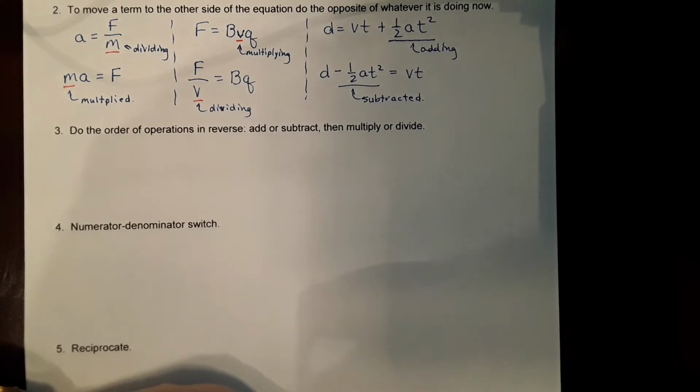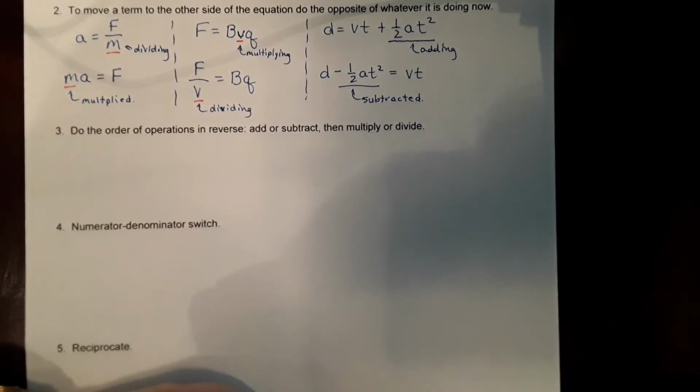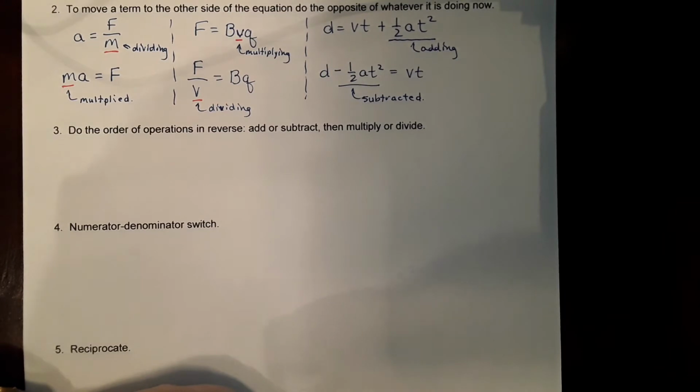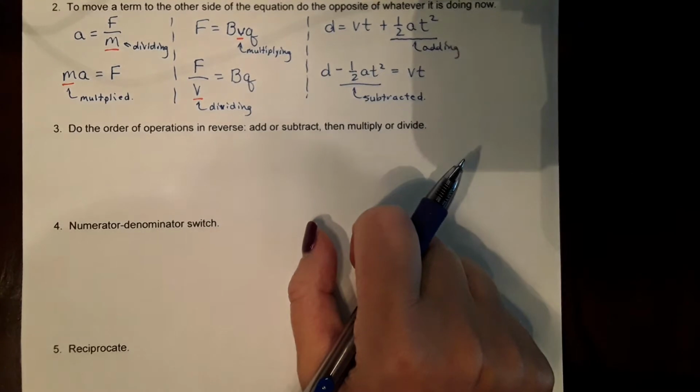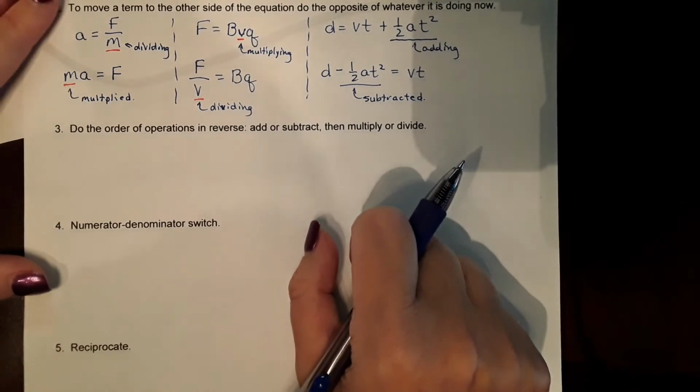But that's when you actually stick numbers into a formula and stick them in your calculator. But what if you're just manipulating the variables? Well, a lot of times doing reverse order of operations to manipulate the variables is helpful, especially when a formula has more than one term on each side.